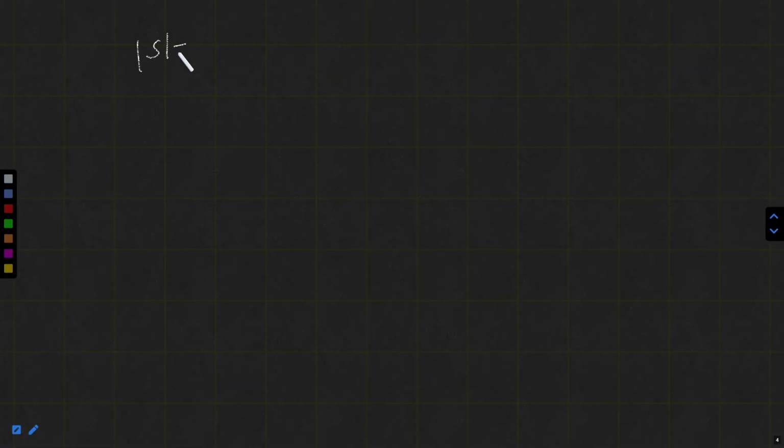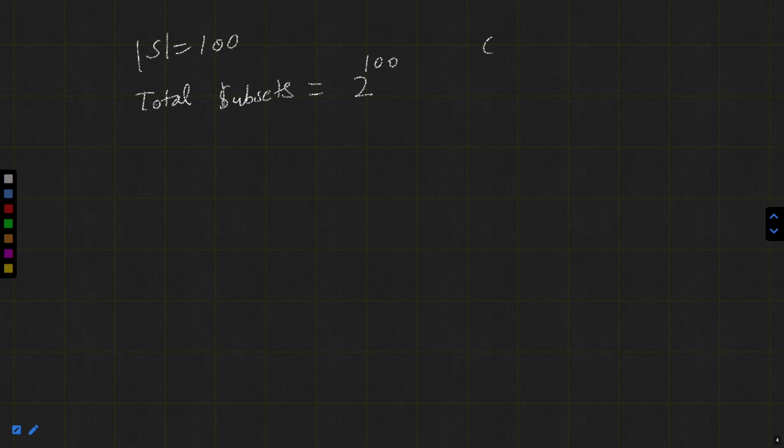We know the cardinality of S is 100. Okay. So the total number of subsets is equal to 2 power 100. Okay. Now we are asked for the non-empty subsets. So we will eliminate the empty subset.